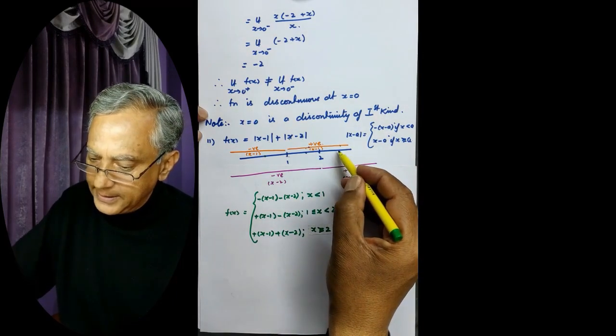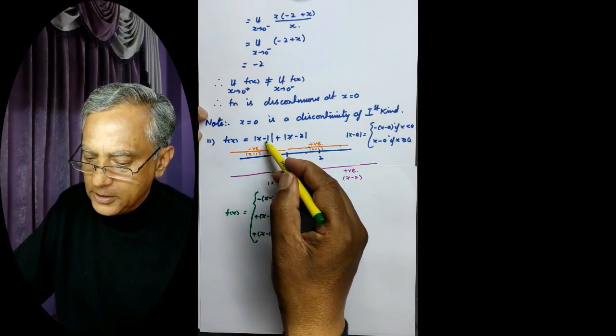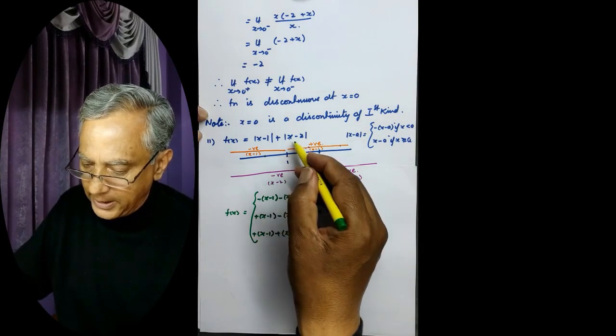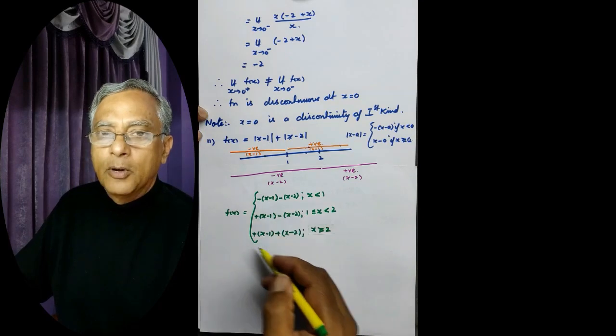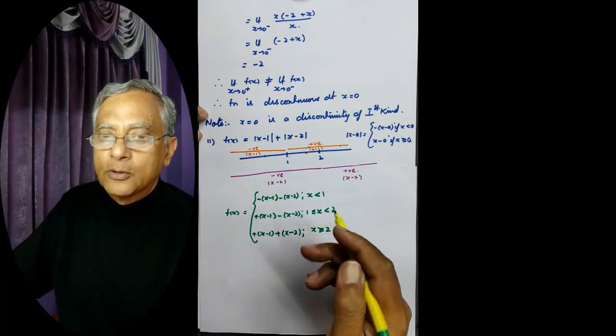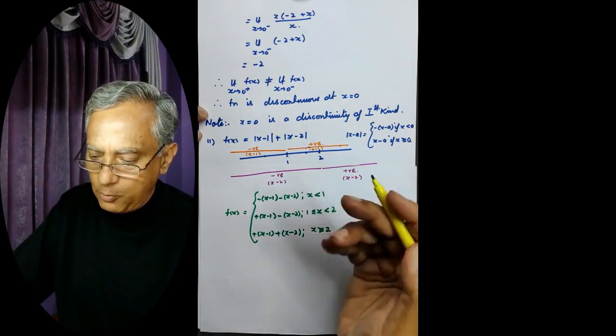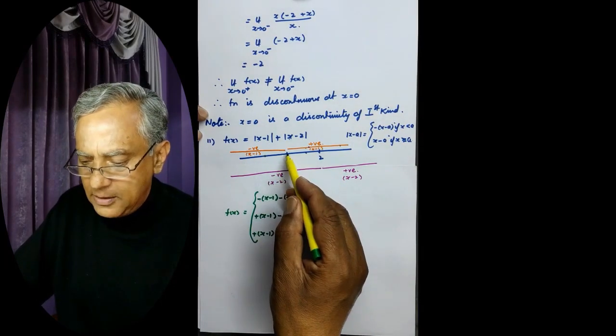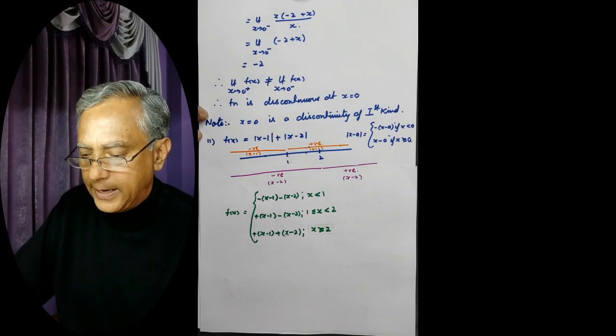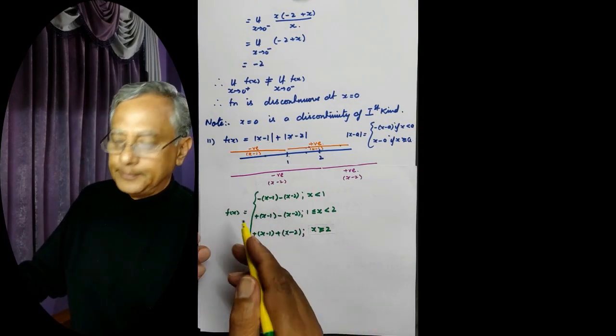And take a single point in the next interval. Take 2.5. At 2.5, both are positive, so we are taking positive. So instead of checking the sign throughout the interval, you can take a single point in these intervals and check the sign, because the sign is not changing within each interval.